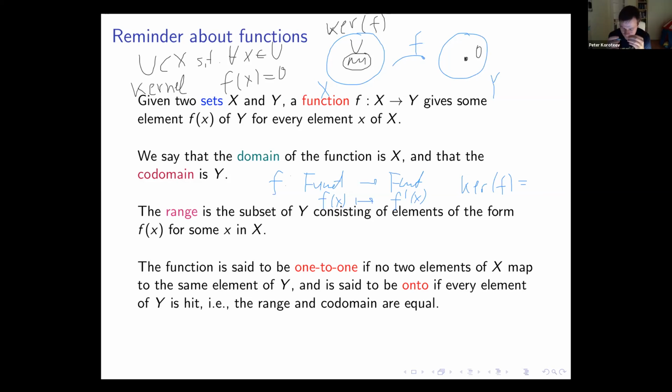Remember, 0 is always sent to 0 by a linear map, and we know the derivative is a linear transformation, because it sends the sum of functions to the sum of the derivatives. What are other functions which are identically non-zero, and yet their derivative is equal to 0? These are functions on the closed segment 0, 1.